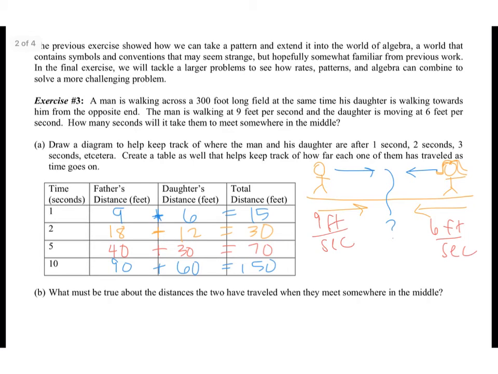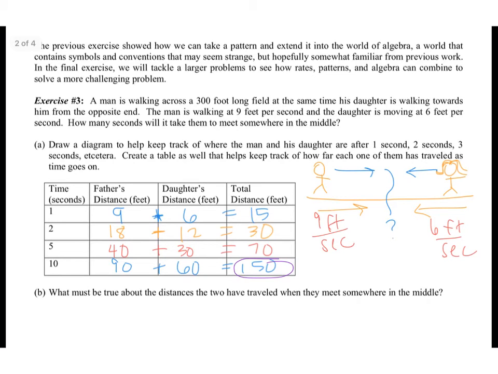So now it's saying what must be true about the distances the two have traveled when they meet somewhere in the middle. If you look at what we have so far, this 150 does not equal 300 yet, so they have not met yet. So what must be true about the distances the two have traveled when they meet somewhere in the middle?